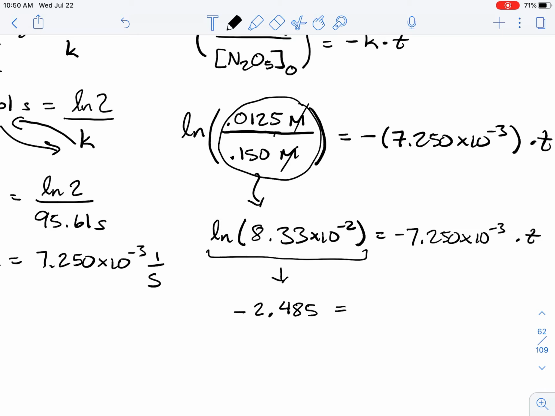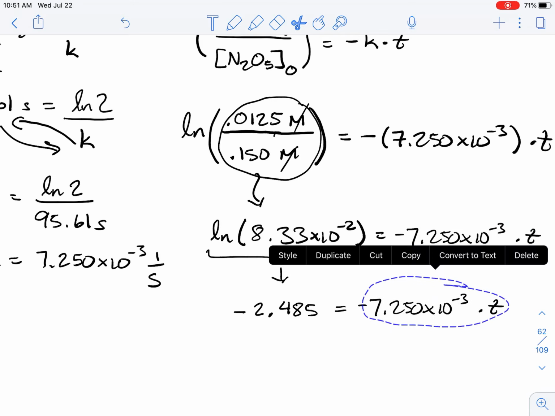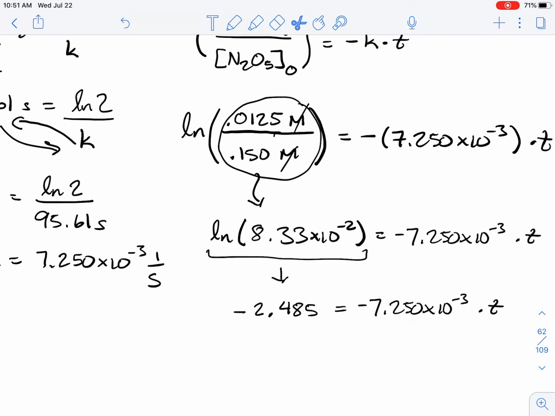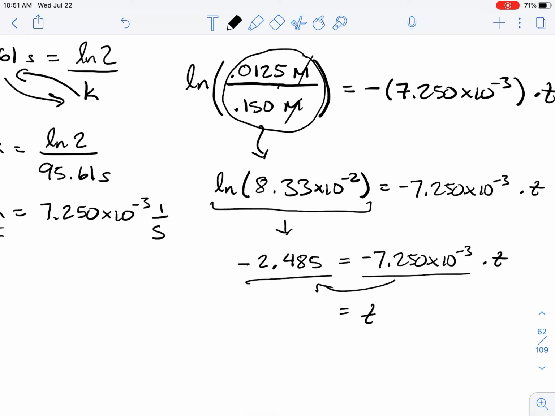And that's going to equal this term. And then I'm going to solve for T by dividing both sides by this value. And if I plug that in, I get a time value.